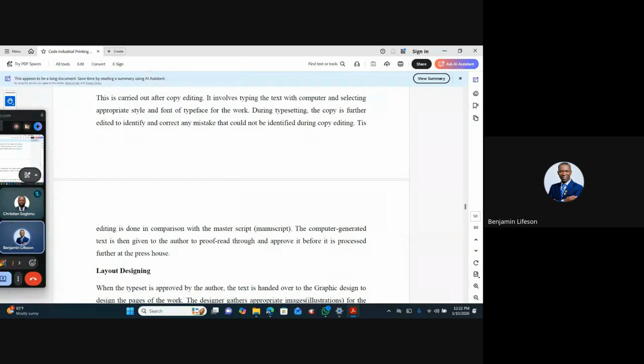Now, if you look at the typesetting, for instance, the font selection, the client may not know anything concerning font selection, because that is about choosing the appropriate typeface. Is it going to be a serif or sans serif font? All right, for the content or audience, is it going to be Gothic?